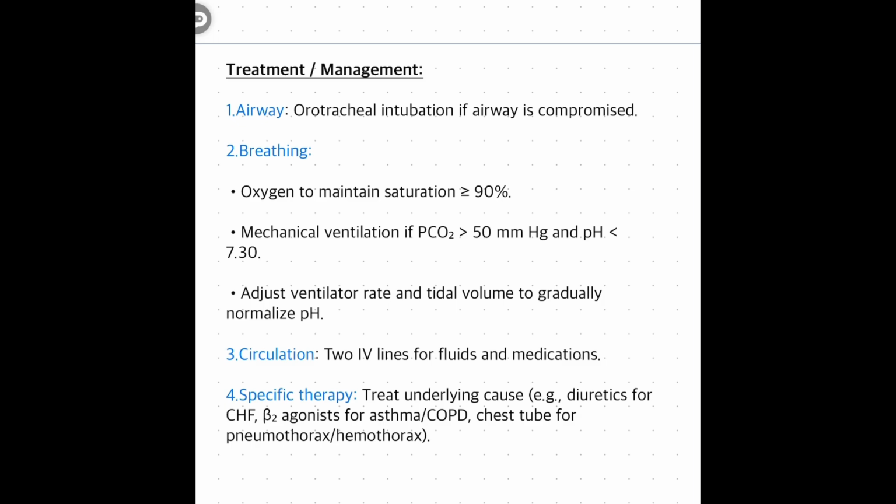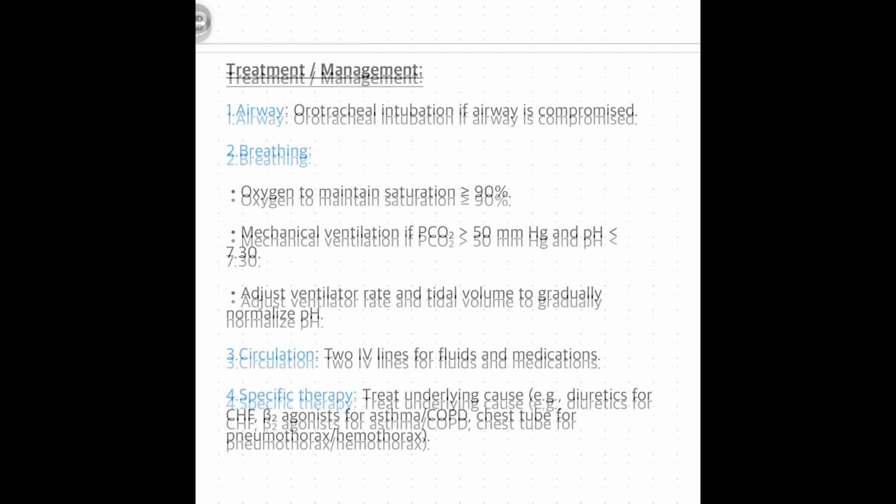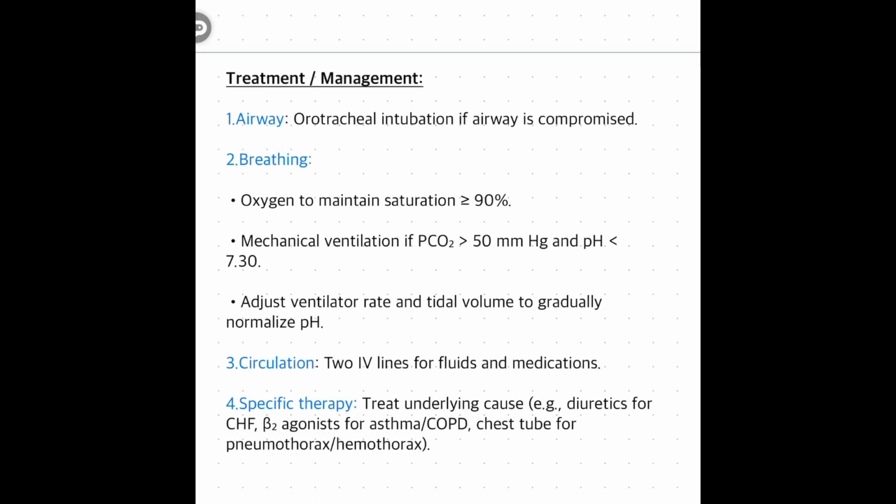So oxygen saturation must be maintained at least above 90%. Mechanical ventilation for PaCO2 more than 50 and pH less than 7.13. Circulation: IV lines for fluids and medication.